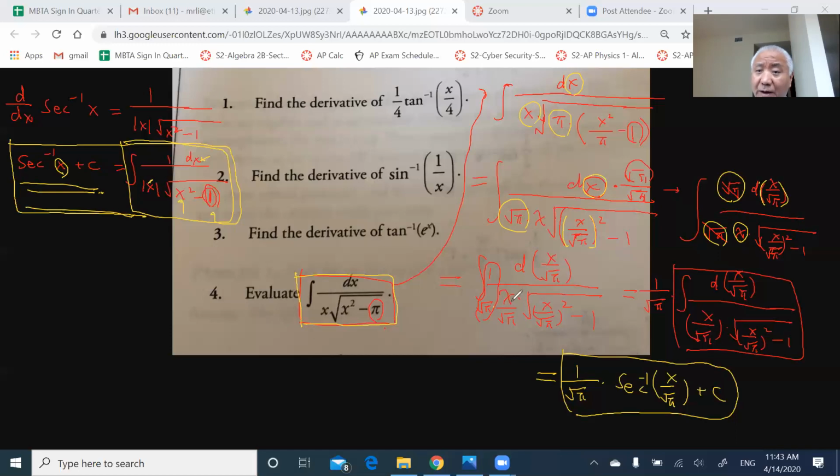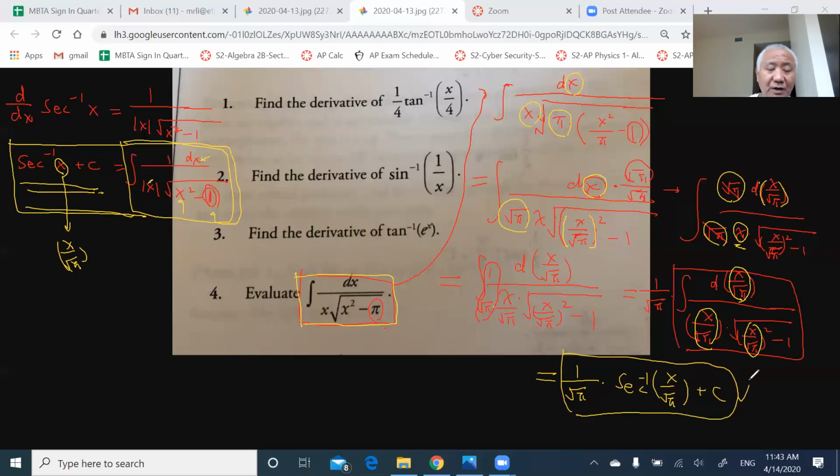So this cancels, going back to the x as the original one here. So this part I can take out, and I change to this. You see here, everywhere, this is a new variable now, just like the u. So this one is exactly the same as this one, just substituting the x by x over square root pi. So that's why in the formula, x must be replaced by x over square root pi, like this. So that's why this is the answer, okay?